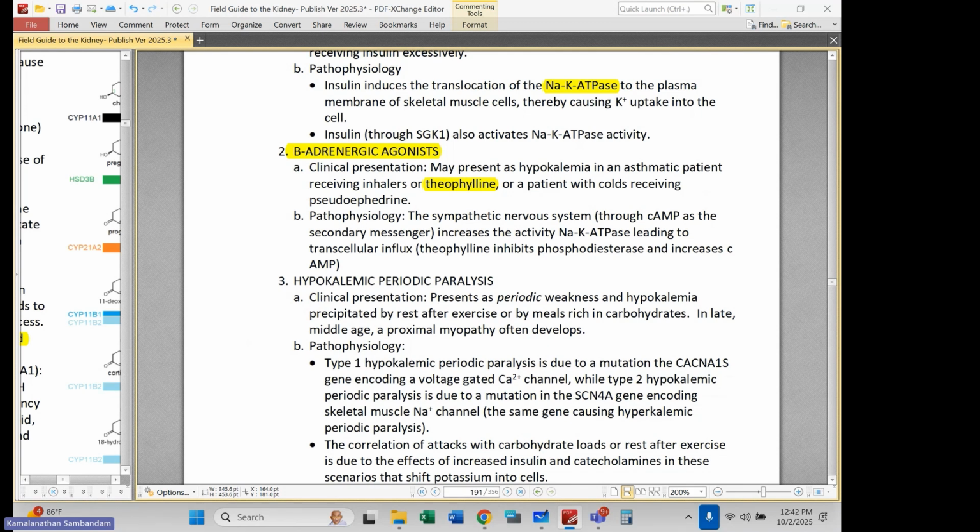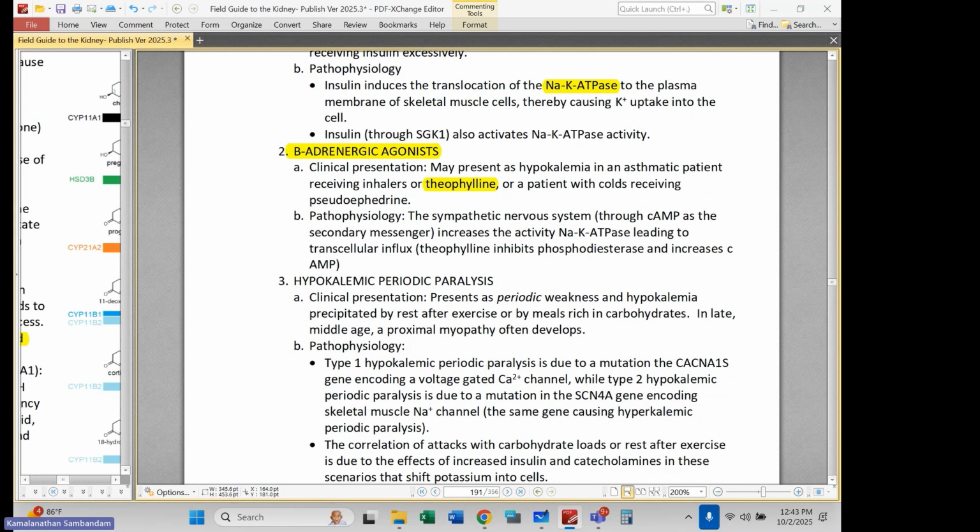Caffeine is another sort of natural form of this class of phosphodiesterase inhibitors, essentially. They increase intracellular cyclic AMP activity, inhibiting cyclic AMP deactivation.